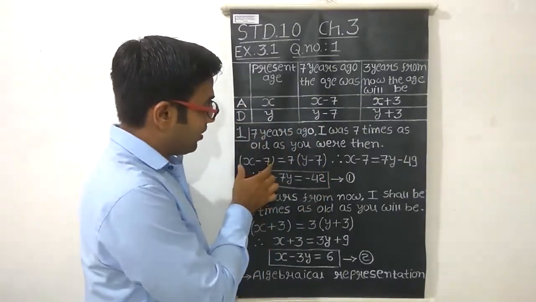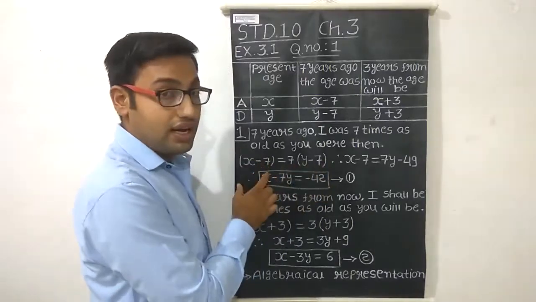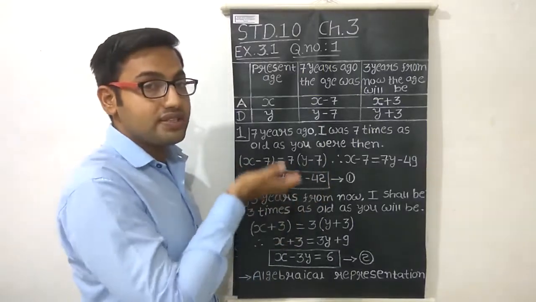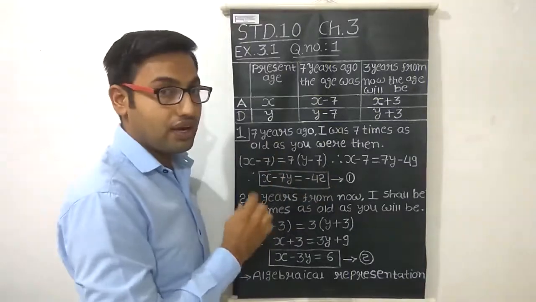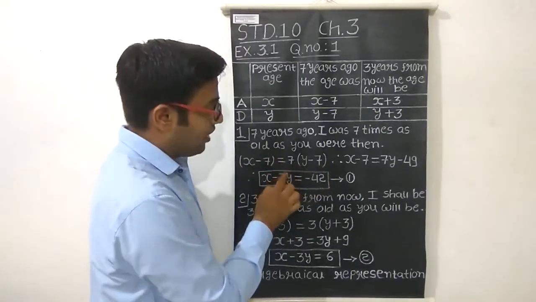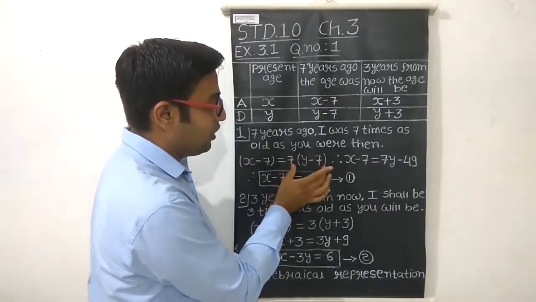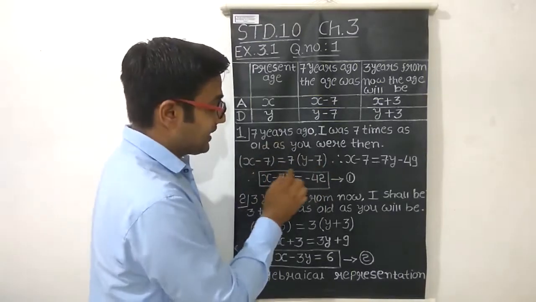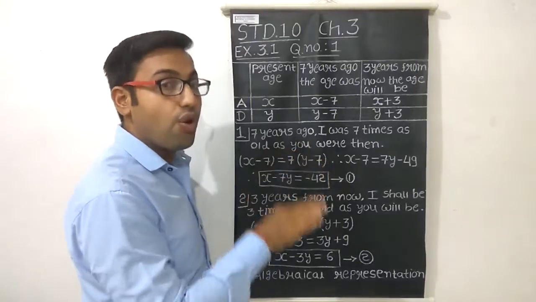So father and daughter. We know that the age of the father is always greater than the age of the daughter, right? So to make both ages equal, we have to multiply 7 with the lower value, and in this case the daughter's age is lower.